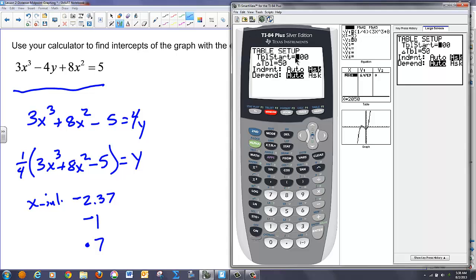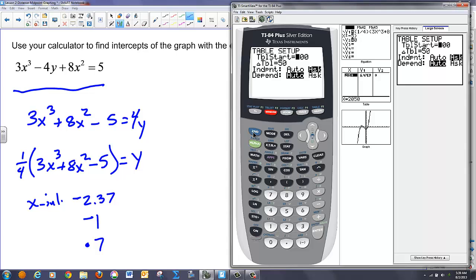and you can start your table anywhere you want. Mine started at 700 for some reason, but you don't have to start there. And delta table, that means how much the increments go up by, is 50. But the important thing here is I have my independent variable, which is x, set to ask. And what that allows me to do is plug in any number for x, and it gives me a y value.